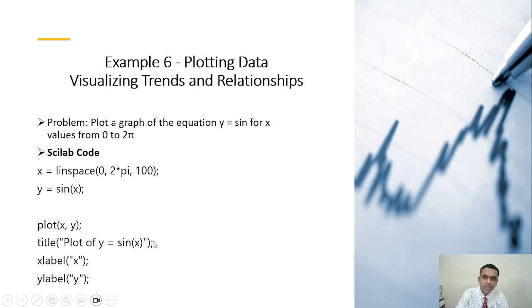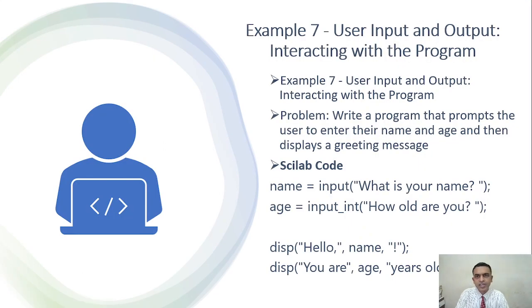And then we give the title and the labels. The last one is user defined input and output, that is, how we interact with the program. Here we are going to ask for the name and the age, and these are the user defined inputs. The name we will store in the variable name, and age we will store in the variable age. Look at the code here.